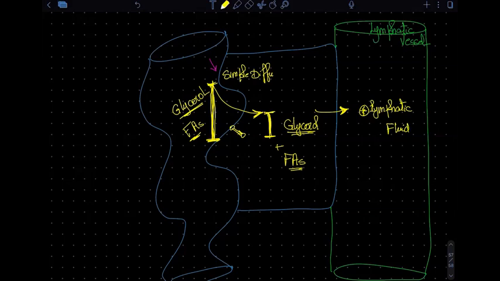They are hydrophobic. So in order to make them more water soluble, what we're going to be doing is transforming these absorbable fats, the glycerol and fatty acids, into a neutral type of fat called the triglyceride.